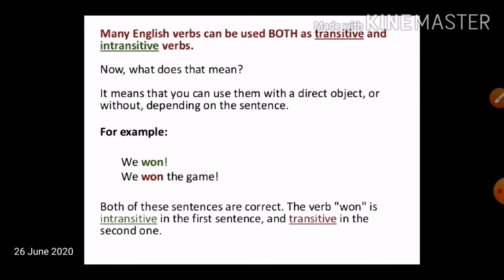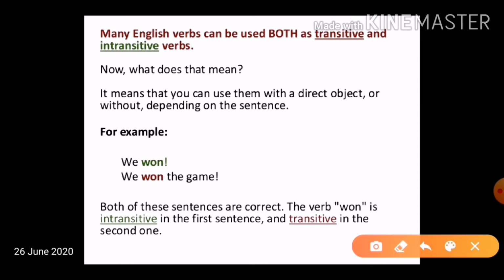ऐसे भी verbs हैं जिनको हम इस्तेमाल as transitive verbs कर सकते हैं, as intransitive verbs कर सकते हैं. For example, we have: we won. यहाँ पे green जो है ये intransitive verb है, and we won the game. यहाँ पे ये transitive verb है because the action गेम पे हो रहा है और ये object है यहाँ पर.